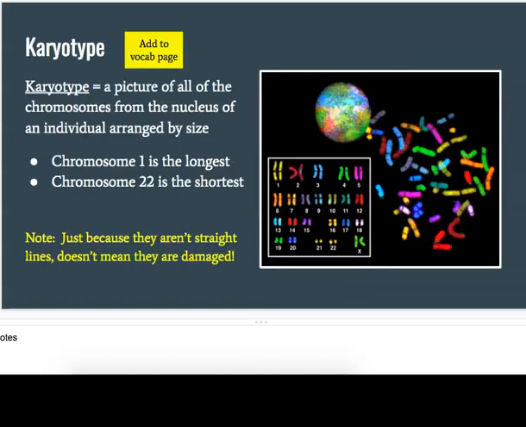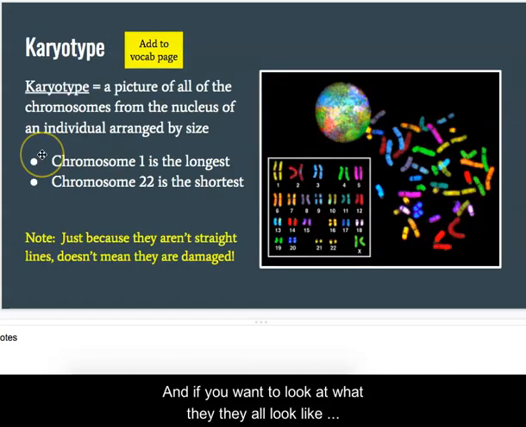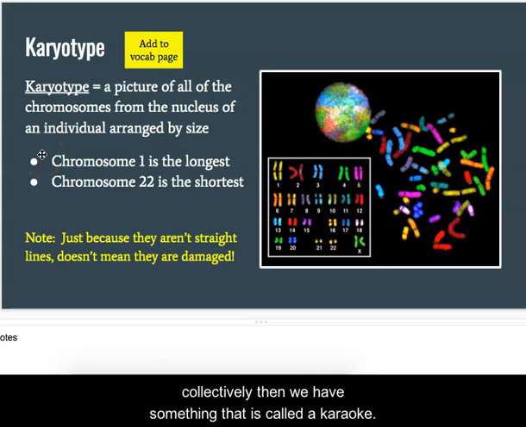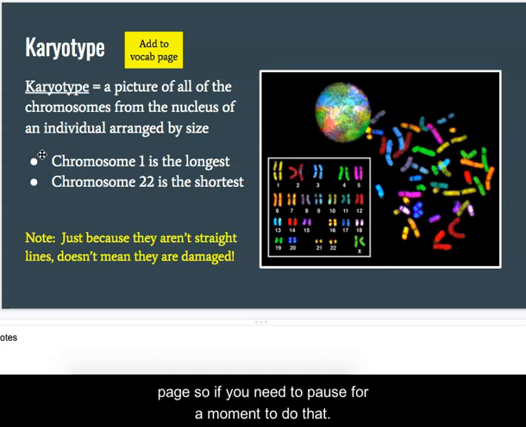All right. And if you want to look at what they all look like collectively, then we have something that is called a karyotype. And this is a word that I want you to add to your vocab page. So if you need to pause for a moment to do that, please do.